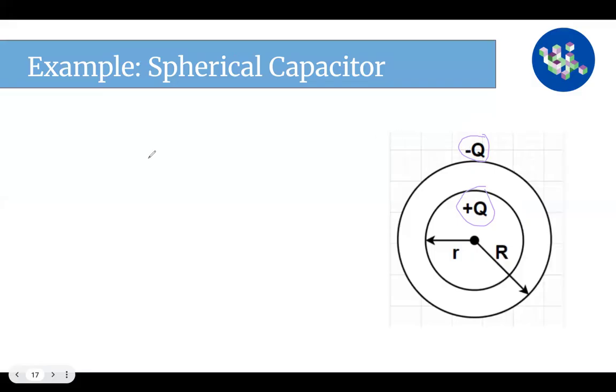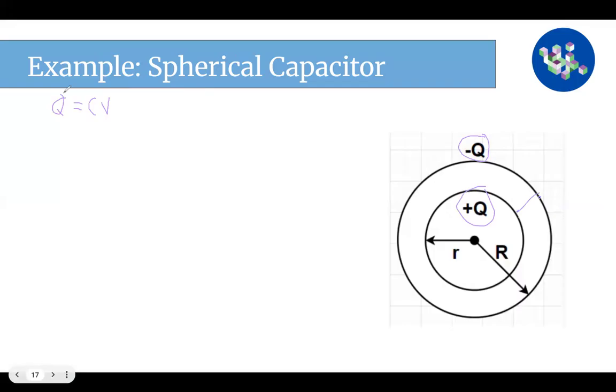Just recall that for any capacitor, no matter if it's parallel plate or spherical, Q is equal to capacitance times the potential difference from the first plate to the other, from here to here in our case.